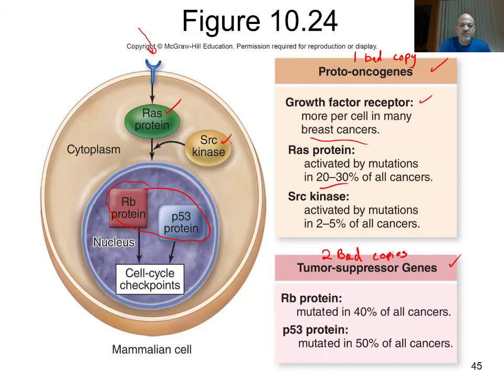There's another kinase that we saw that's part of that phosphorylation cascade that's active in 2 to 5% of cancers. You don't have to memorize these; it's just to show that these kinds of proteins have been discovered to be mutated. When we look at the retinoblastoma protein, the RB protein is mutated in 40% of cancers, and the one that's found in many of the cancers is the mutation of P53.